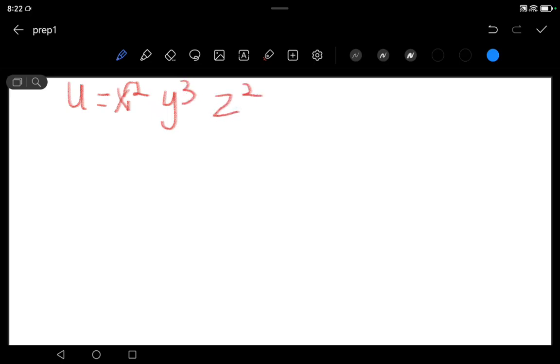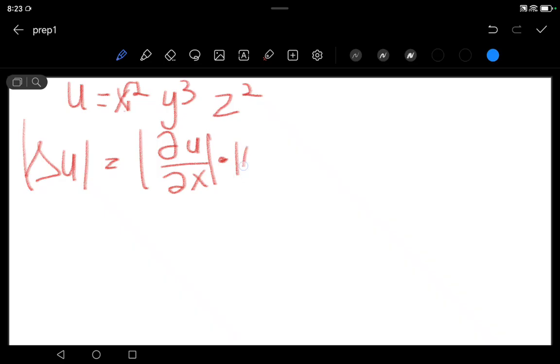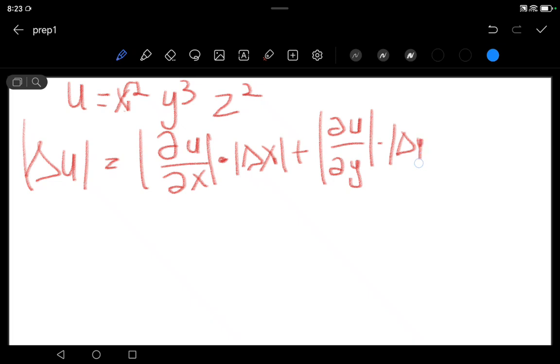Which means our change in u is going to be partial derivative of u over partial derivative of x, because we start with x, multiplied by change in x, plus we come to y, partial derivative of u over partial derivative of y, multiplied by change in y, plus we come to z, partial derivative of u over z, change in z.